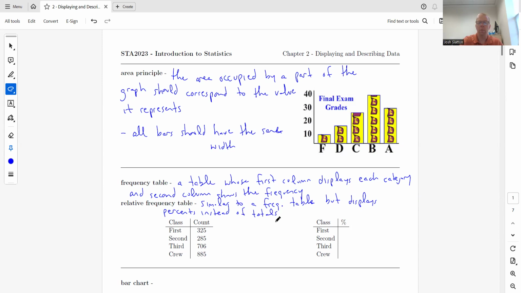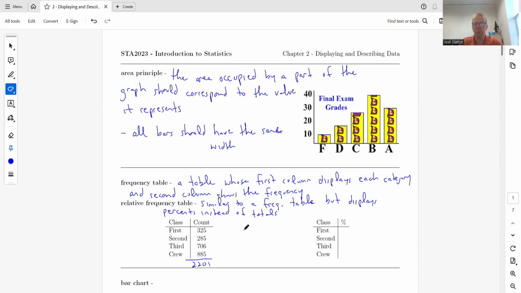So we'll convert this frequency table to a relative frequency table here. And of course, first thing you need to do before you can do that is we need to add up these four numbers, and that comes to 2201. So 2,201 passengers on the Titanic. And let's break down what percent were in each class.